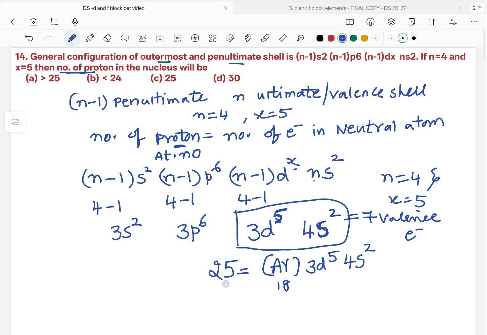So the atomic number is 25, meaning the number of protons is 25 here. So our answer should be C option here.